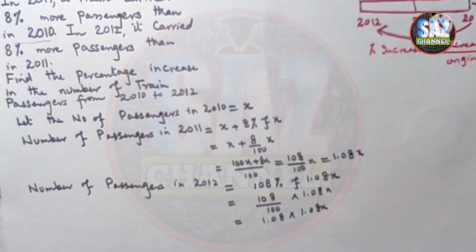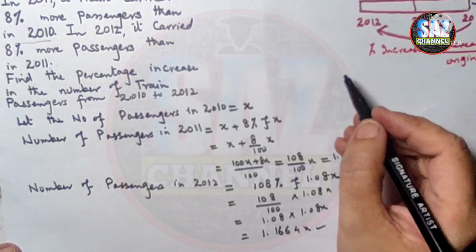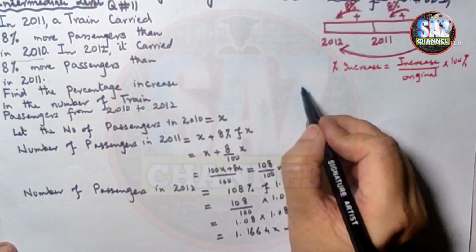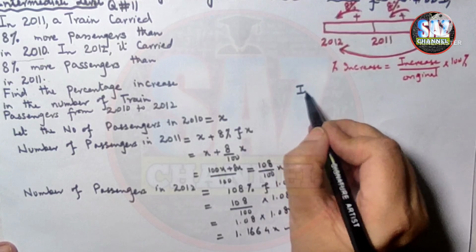The calculation is complex, so I can use a calculator. 1.08 times 1.08 gives me 1.1664x passengers.